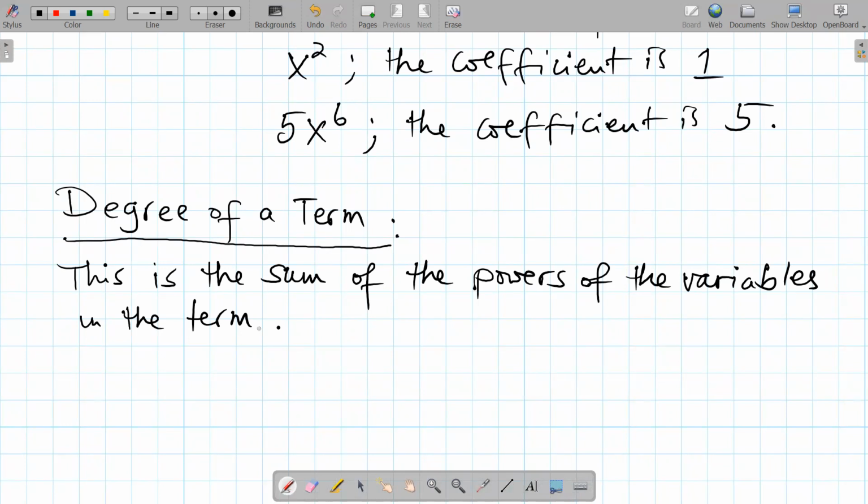It is a sum of the powers of the variables in the term.